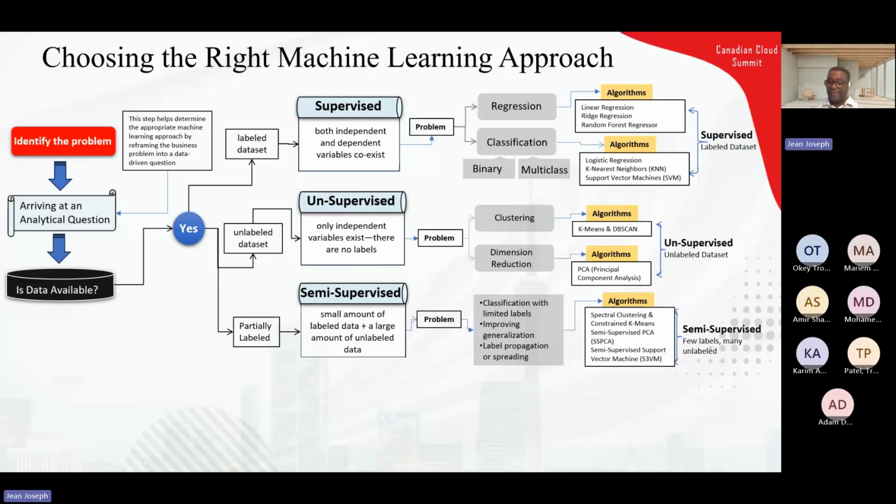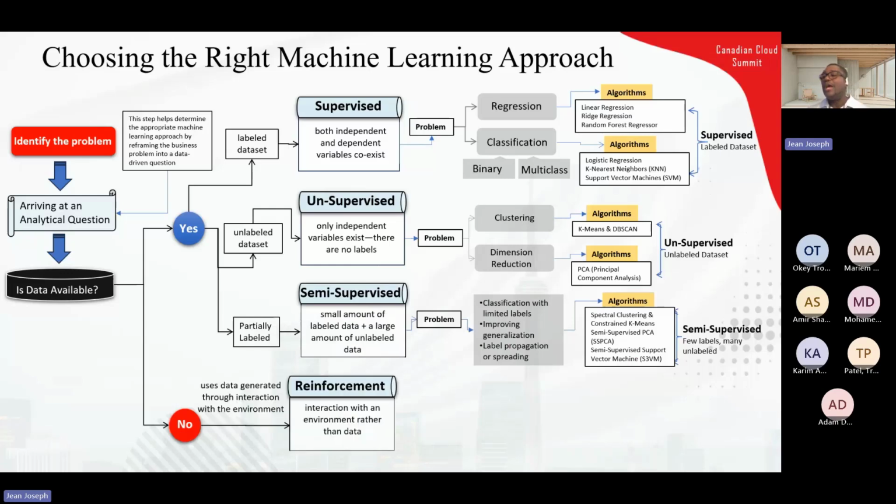But here's the thing. What if there is no data at all to help answer your analytical questions? Then your problem likely involves learning through interactions, where a system improves its decisions over time based on feedback.